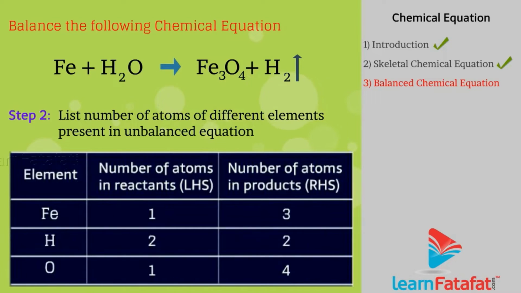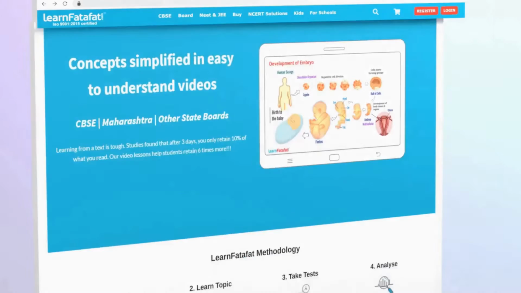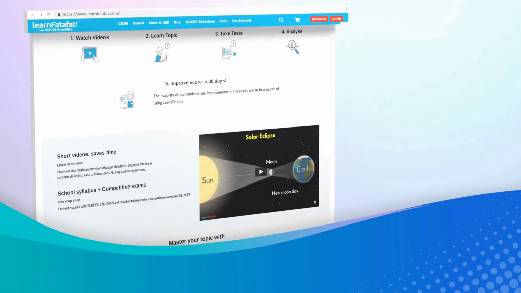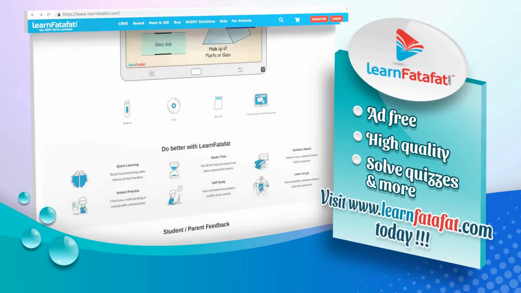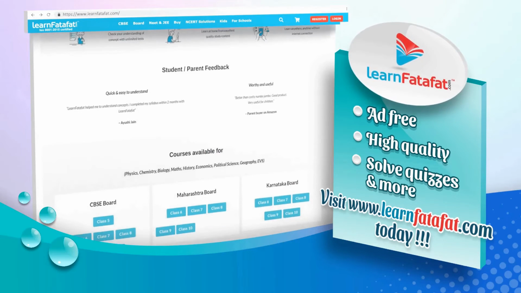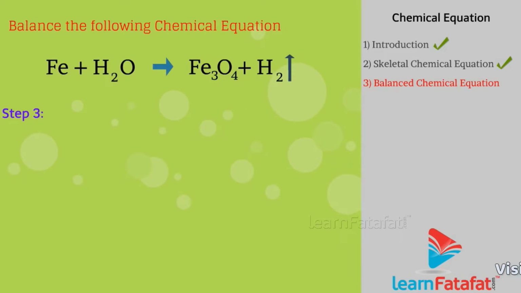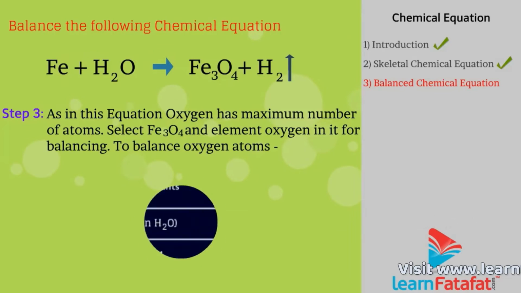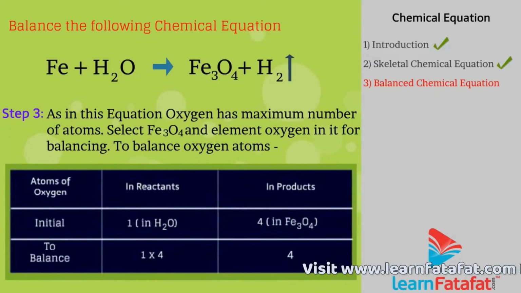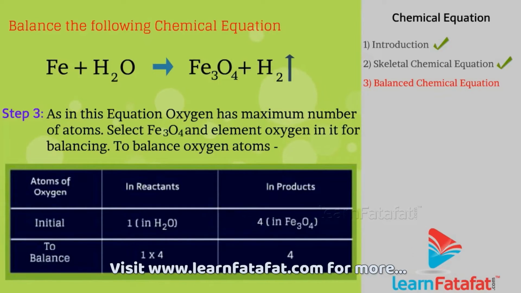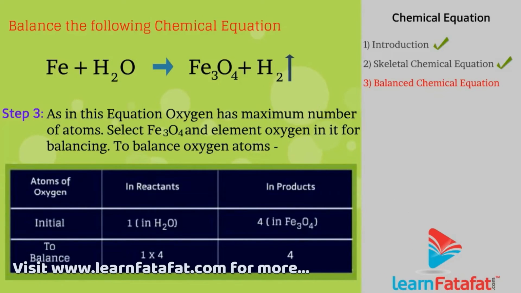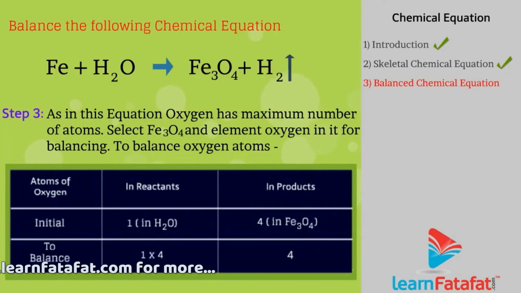List the number of atoms of different elements present in the unbalanced equation. Step 3. As oxygen has the maximum atoms, select Fe3O4 and the element oxygen in it for balancing.